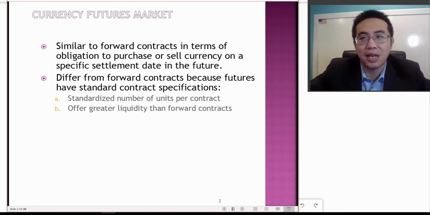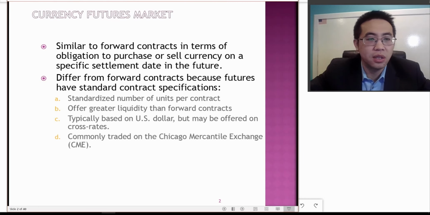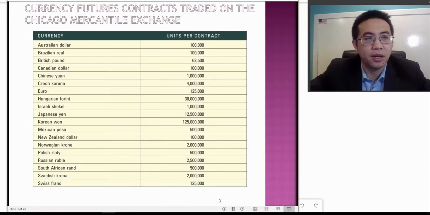That means the futures are easier to buy and resell over and over again. And also typically offered based on US dollars. That's for the exchange of futures. And there could also be cross rates. And the large place for trading currency futures would be the CME in downtown Chicago.